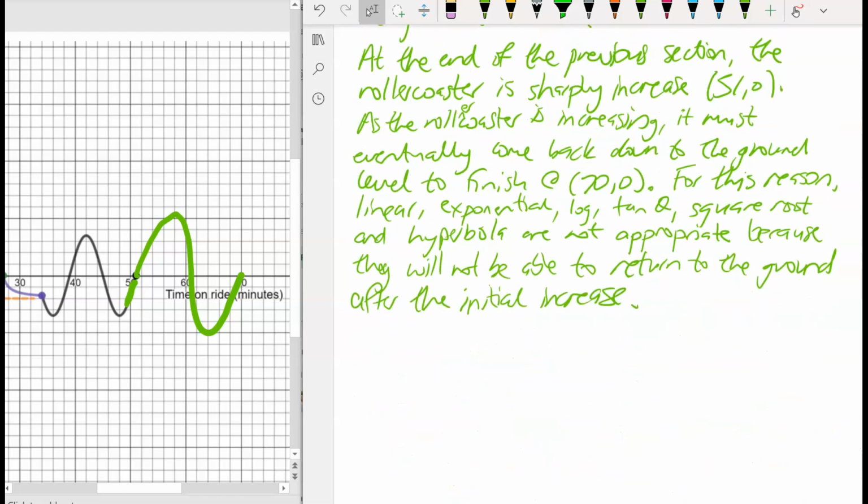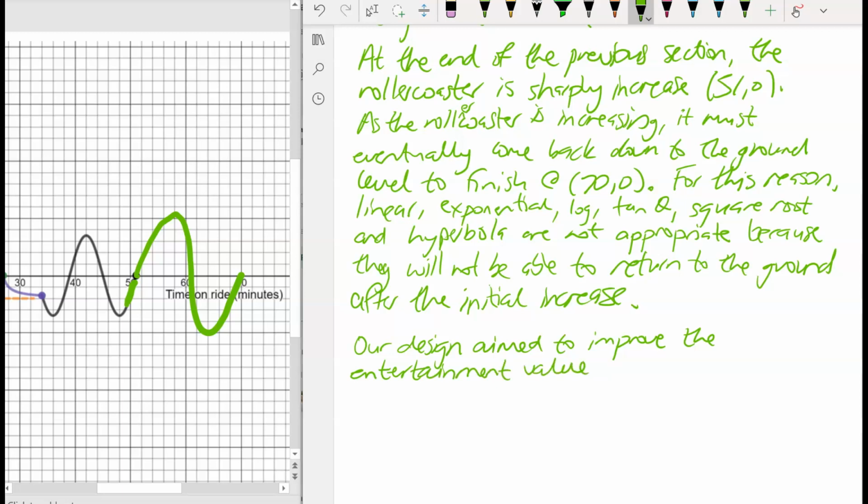Okay, so let's get this into words. Our design aimed to improve the entertainment value of the roller coaster by including an underground VR tunnel.